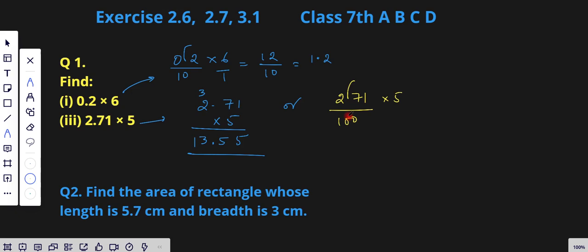Now 271 multiplied by 5 will give you 1355, divided by 100. So you have 100 in the denominator, so put the decimal before 55. So this is your answer. This is how you need to solve these questions.